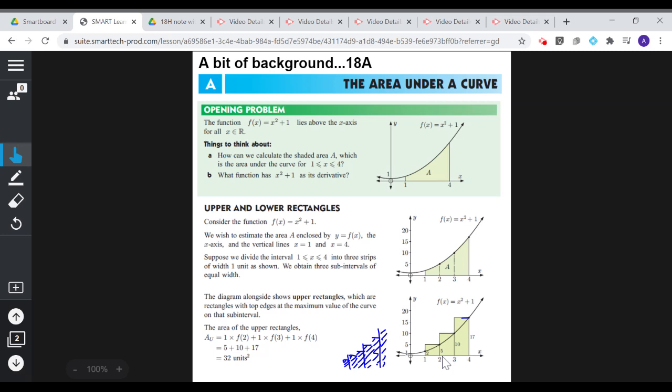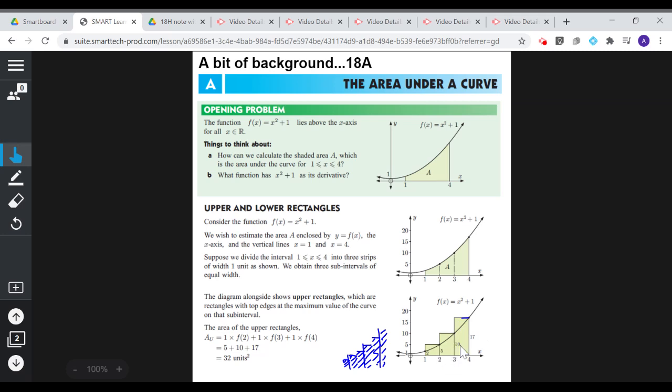So I'm going to have a rectangle that has a base of 1 and a height of 10. And here I'm going to have a rectangle that has a base of 1 and a height of 17, because f at 4 is 16 plus 1, which is 17. So I could say, well, if I found the areas of these three rectangles, 1 times 5 plus 1 times 10 plus 1 times 17, I would have an area of 32 units squared.